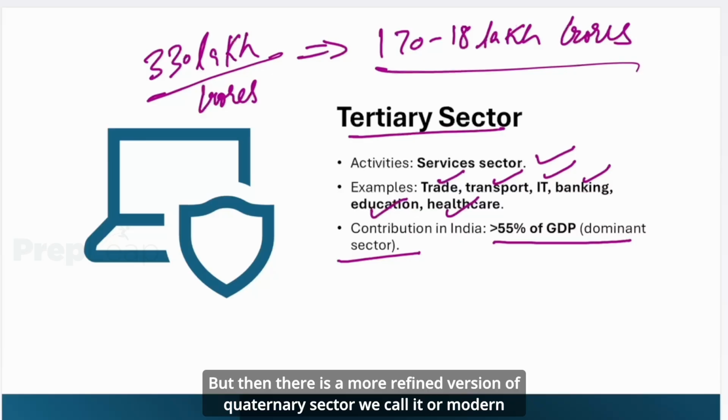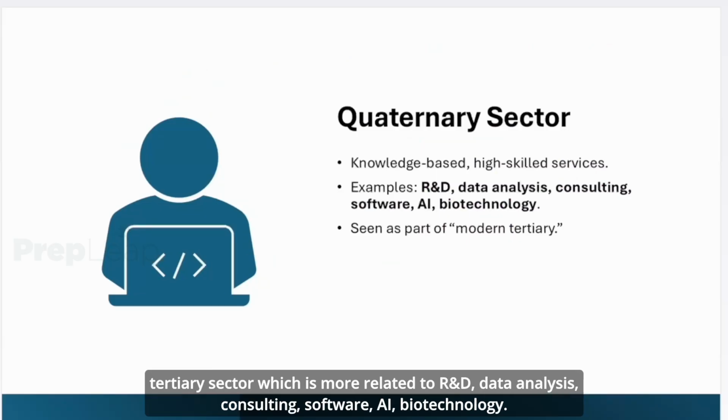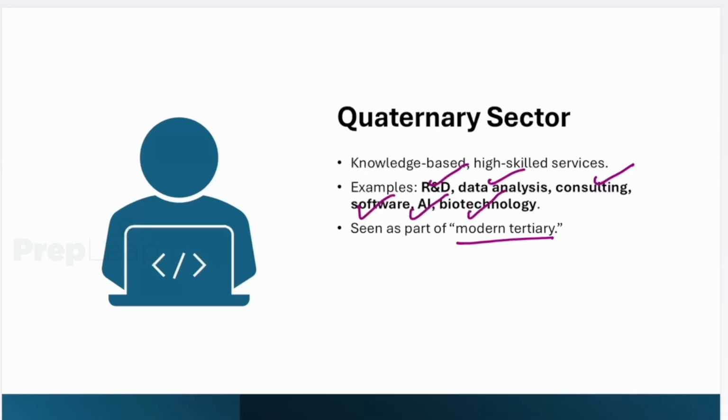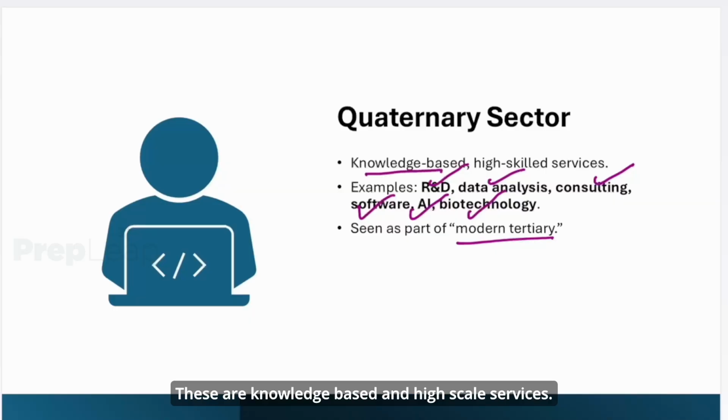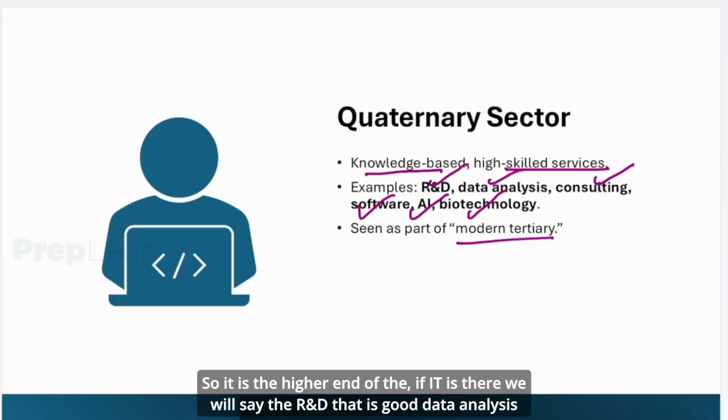But then there is a more refined version, the quaternary sector, we call it, or modern tertiary sector, which is more related to R&D, data analysis, consulting, software, AI, biotechnology. These are knowledge based and high skill services. So it is the higher end of this.